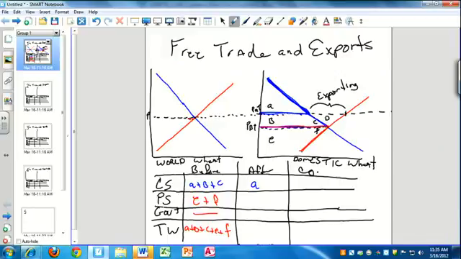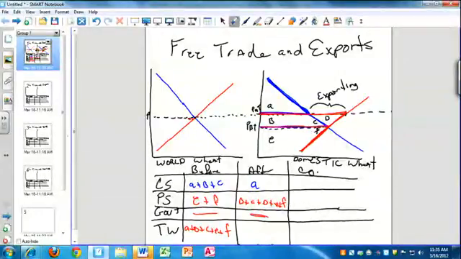What's my producer surplus? It's everything below what? Everything below the price they're getting to the left of the quantity, which ends up being B plus C plus D plus E plus F. Is the government getting anything?